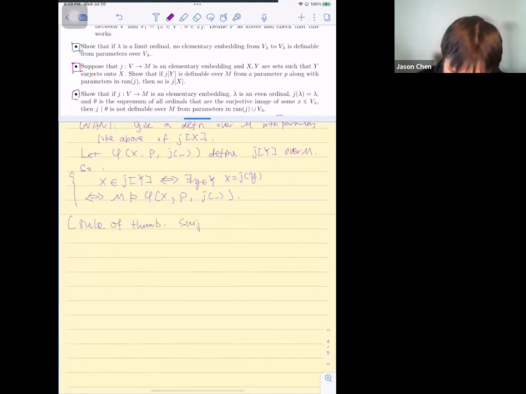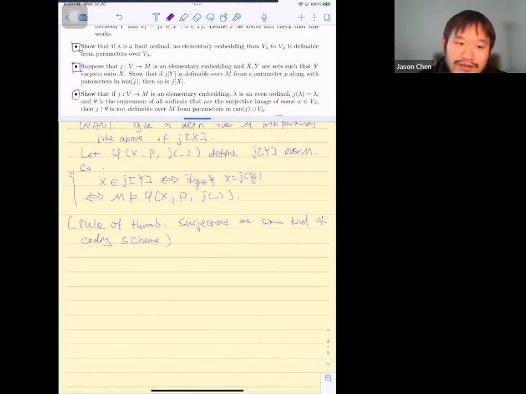So surjections are some kind of coding scheme. Whenever you see a surjection, you think, okay, there's something that I'm coding with this surjection. So let me see if this works.